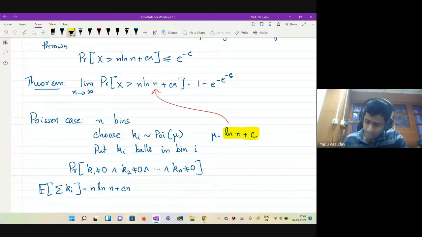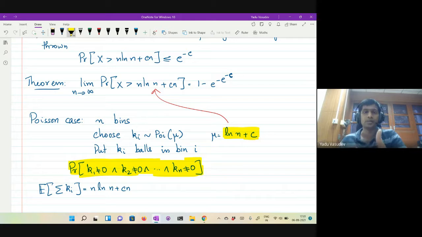And what we're interested in analyzing is this probability. This is the probability that we actually want to analyze when we are throwing balls into bins uniformly at random. But this probability, when the k_i's are chosen according to the Poisson distribution, is much easier to tell, right? What is this value?